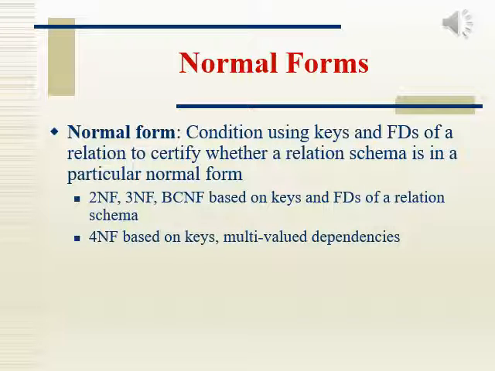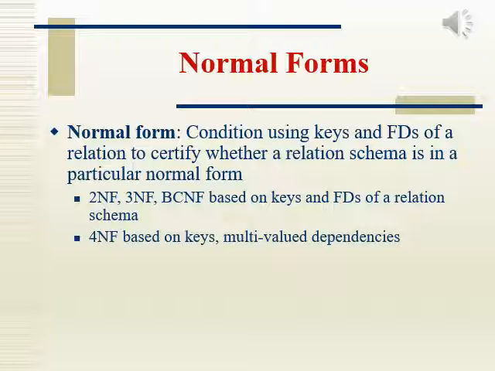Now, one important thing, that is normal form. What are normal forms, and why do we use them? Normal forms are required when we are normalizing our data or our relation. A normal form is a condition using keys and functional dependencies of a relation to certify whether a relation schema is in a particular normal form.